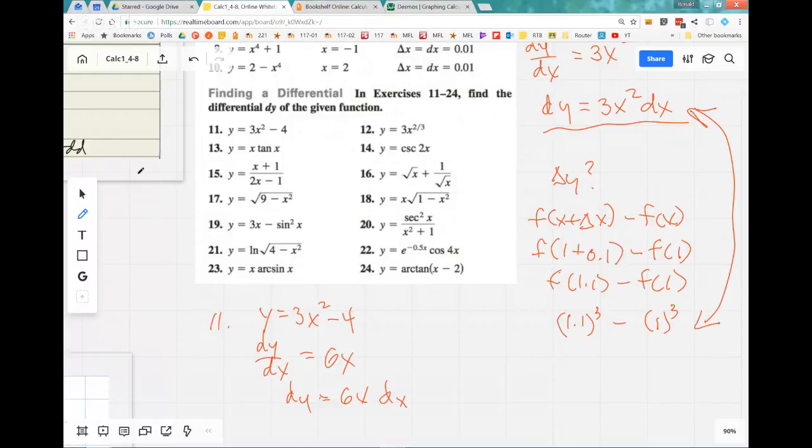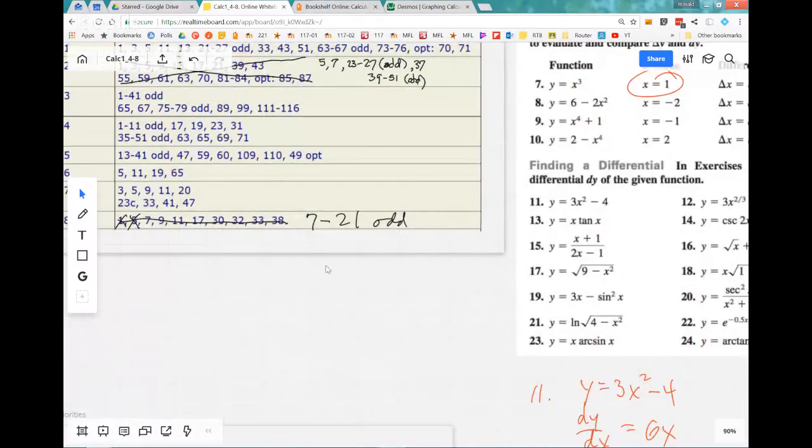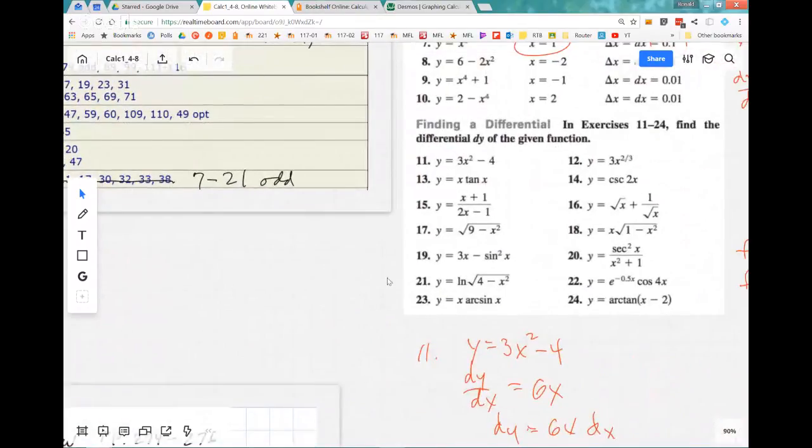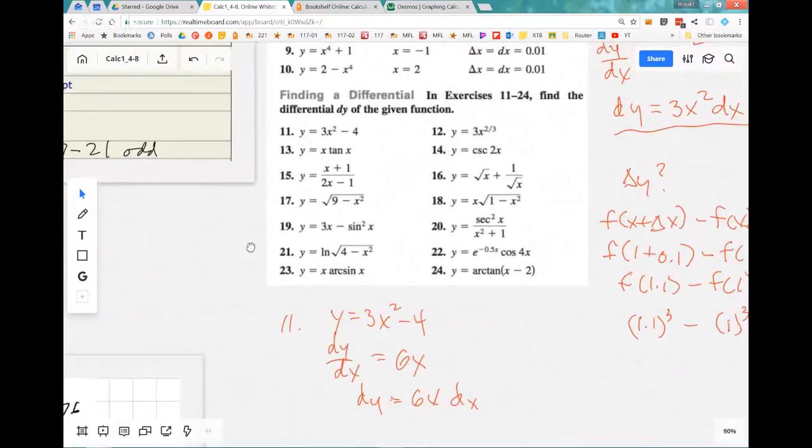So let me repeat again, it's kind of a different assignment here. I kind of completely started over from what it says in your syllabus. 7 to 21, the odds. Just trying to get you used to taking these derivatives apart a little bit, and then using this as an approximation tool. It's important enough that the book decided we need to have an extra lesson.